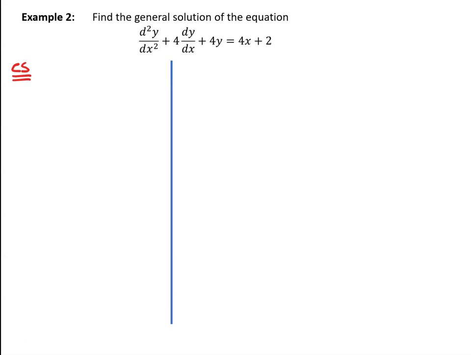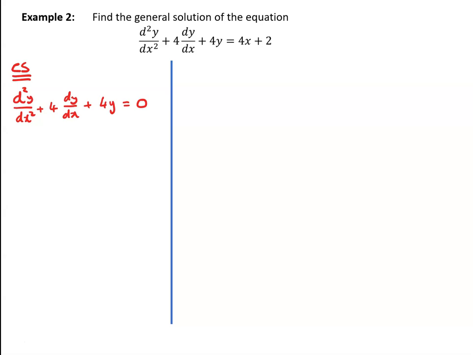So we start off by trying to find a complementary solution. Now the complementary solution is the solution of exactly the same equation, except we have a naught on the right hand side. So we may as well just try and solve d2y/dx squared plus 4 dy/dx plus 4y equals 0.